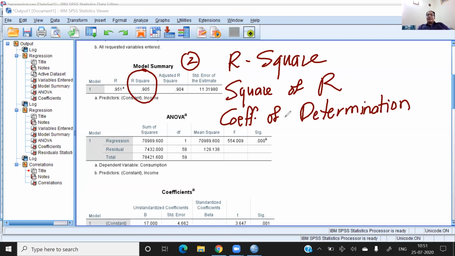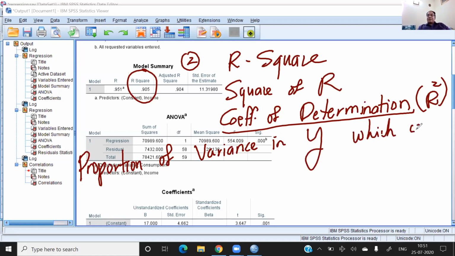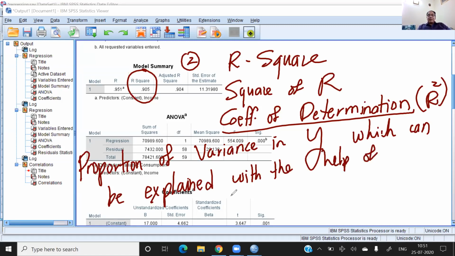And this coefficient of determination, which is represented by R square, how to define it? It can be defined as the proportion of variance in y which can be explained with the help of variation in x.